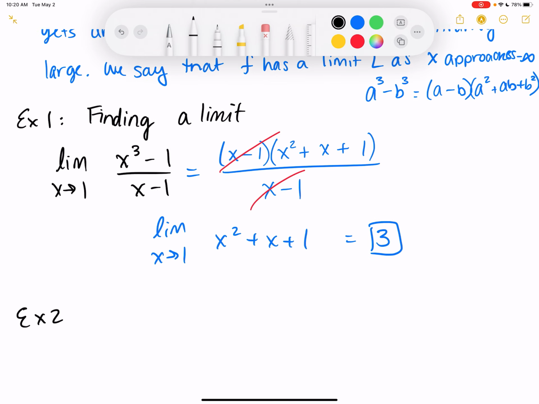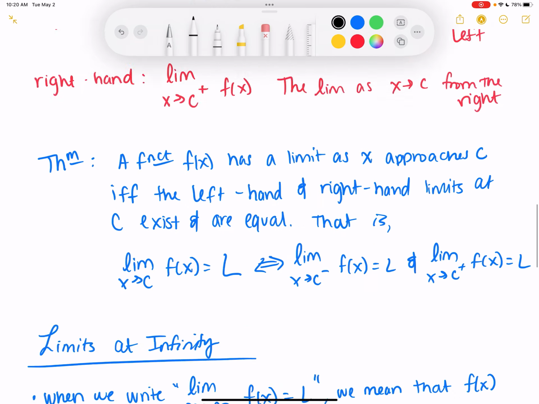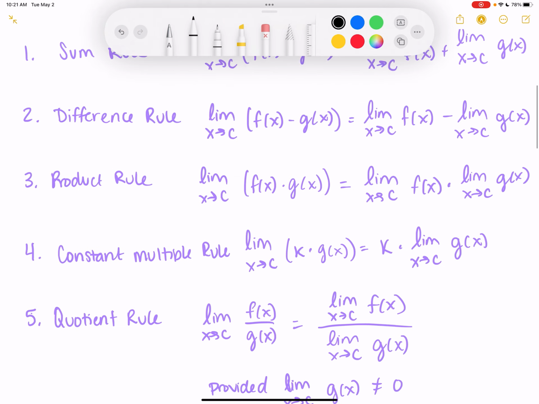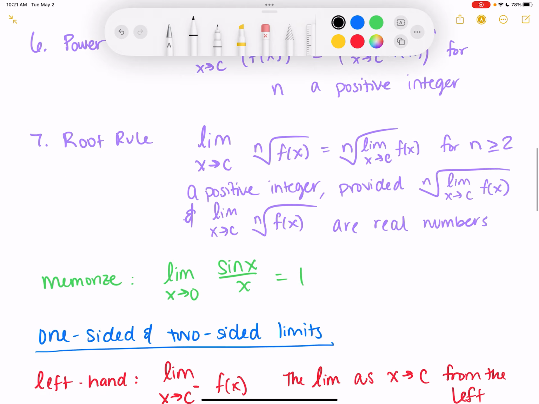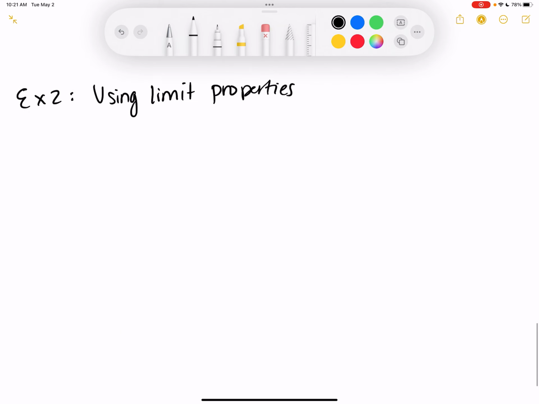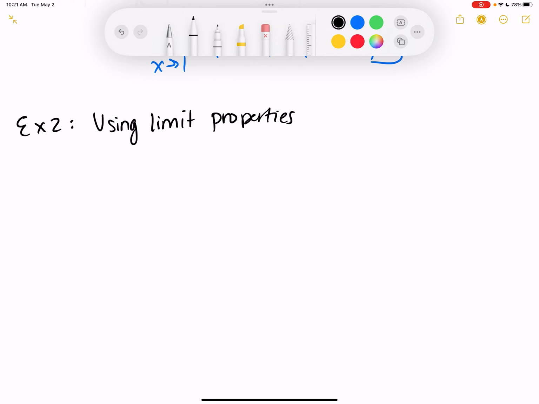Using limit properties. So this is going to be several problems involving these properties here that are pretty self-explanatory, but nonetheless, we wrote them.